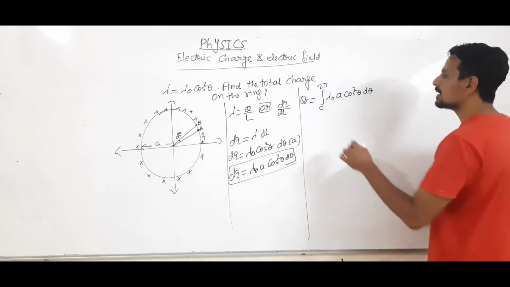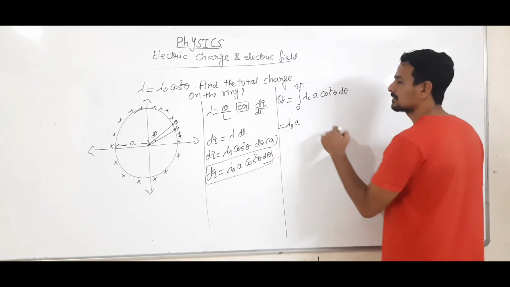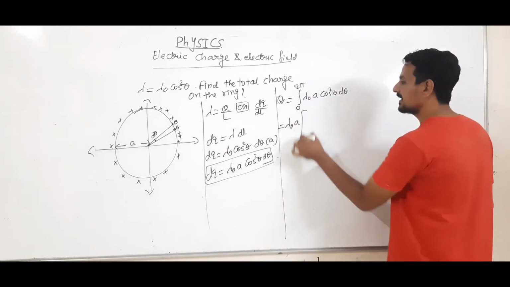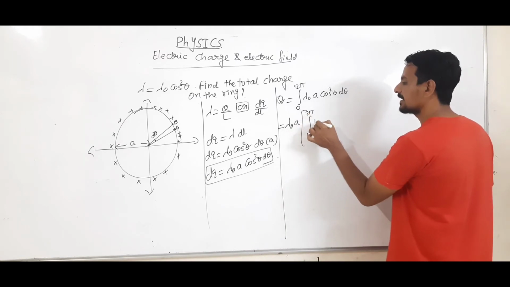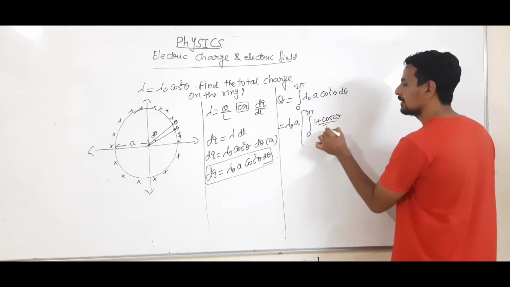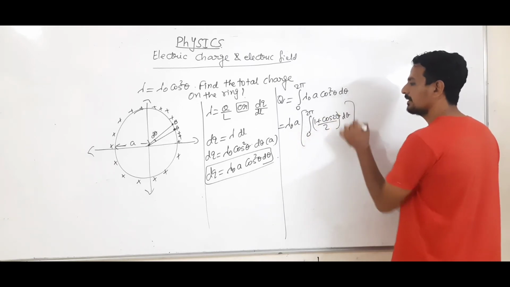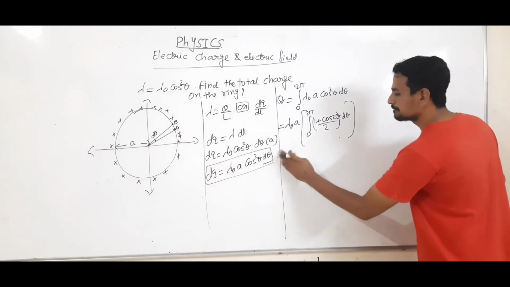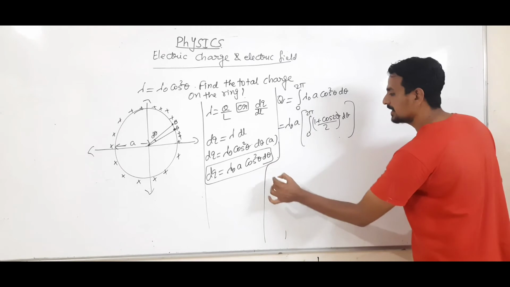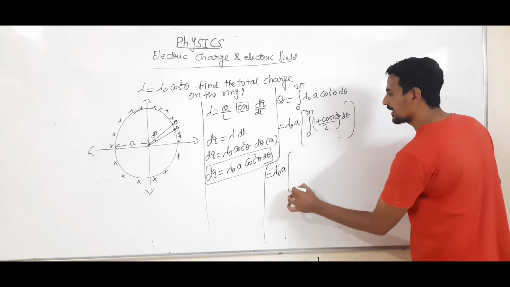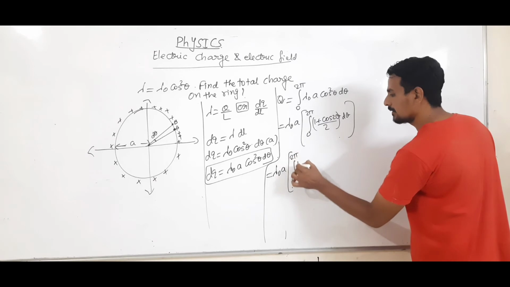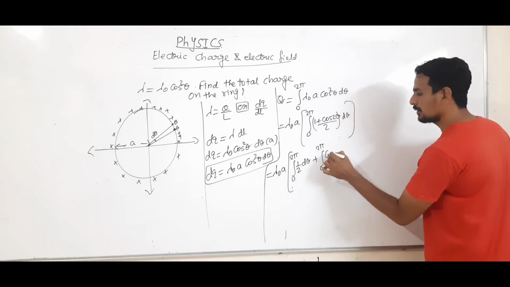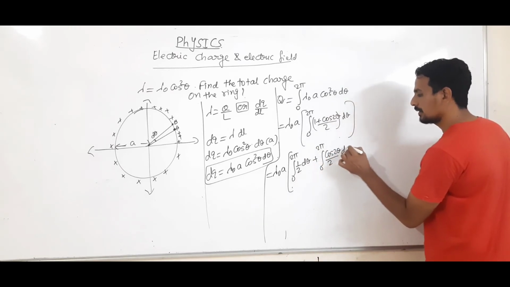Clear? Lambda 0 a can be taken as constant, so it will be outside the sign. Fine. Cos square theta can be written as (1 plus cos 2 theta) by 2, right? There is a formula in maths. Now let's separate it out. So this will be lambda 0 a bracket, integral from 0 to 2 pi of 1 by 2 d theta plus integral from 0 to 2 pi of cos 2 theta by 2 d theta.